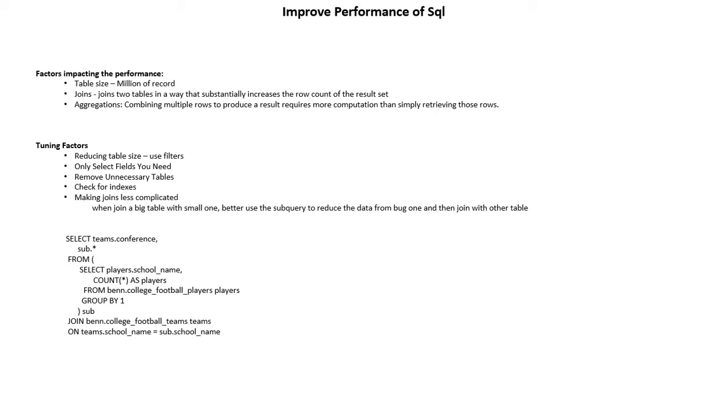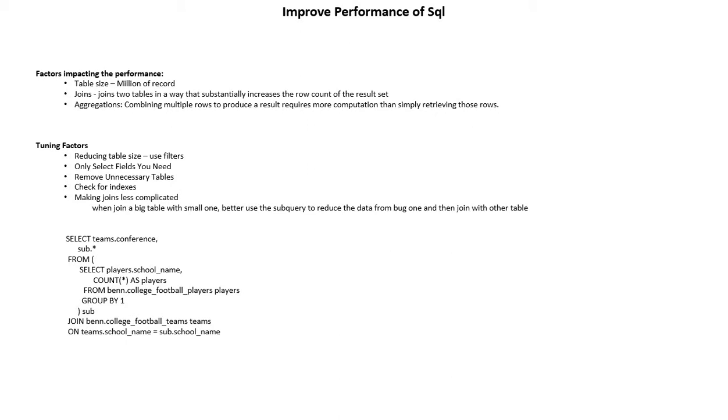Before jumping into the factors to improve the performance, let me tell you about some of the factors which may impact the performance of the SQL query. One factor is table size. If you have a table of 50 or 100 or 500 rows, it may not be an issue.